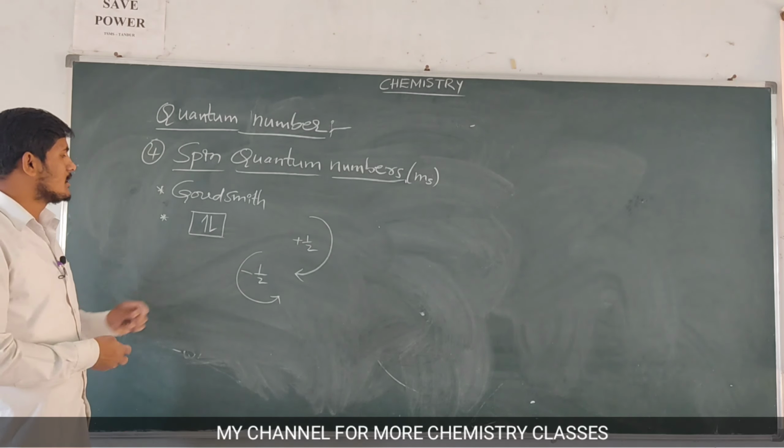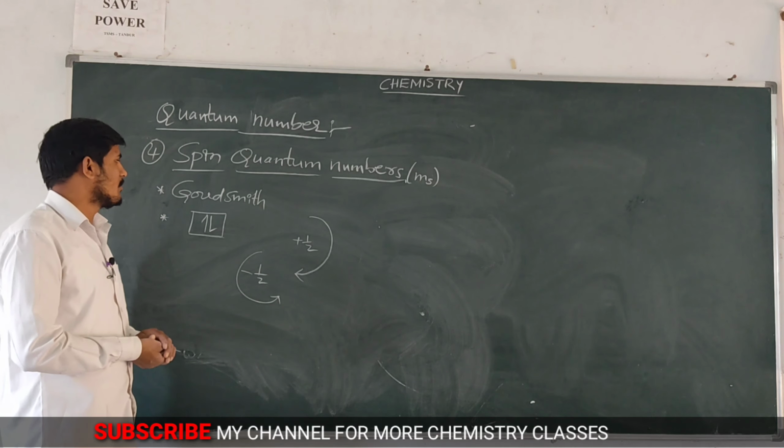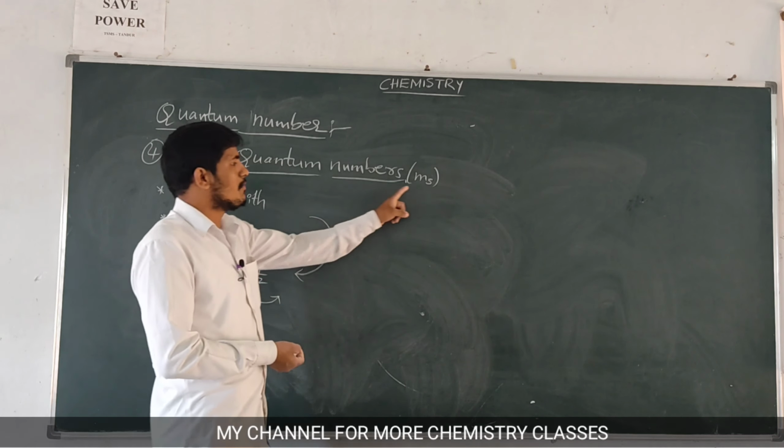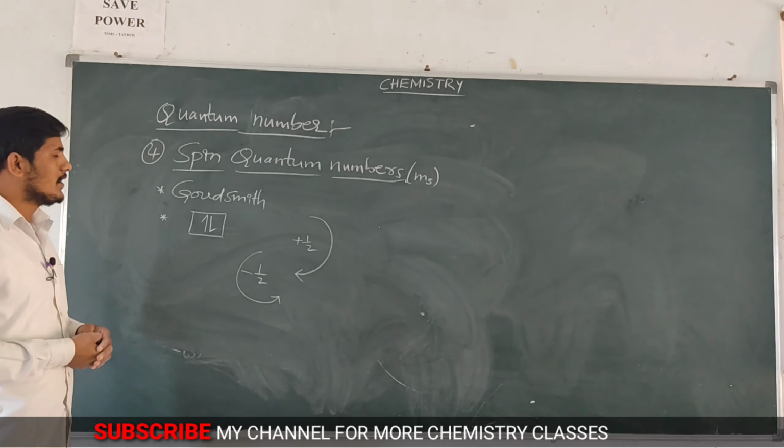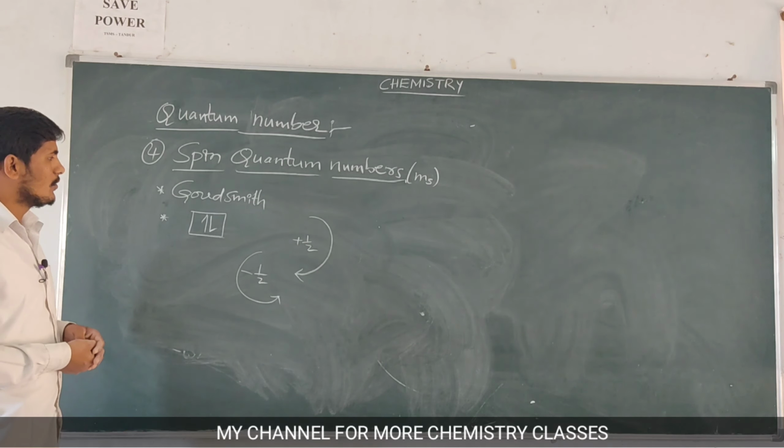So this is the spin quantum number, denoted with m subscript s, ms. It was proposed by Goudsmit and Uhlenbeck.